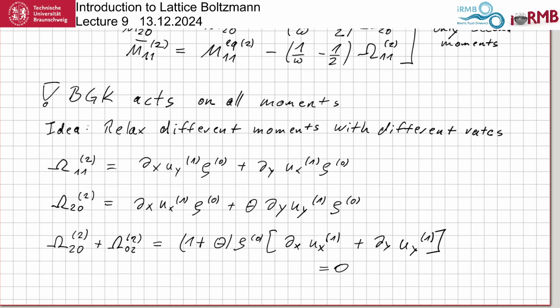Because it's incompressible. No, because in diffusive scaling we get the incompressible Navier-Stokes equation out. Yeah, so that it is incompressible is a result of the asymptotic analysis in diffusive scaling. So this here is 0. Since it is 0, it doesn't matter how you relax it.